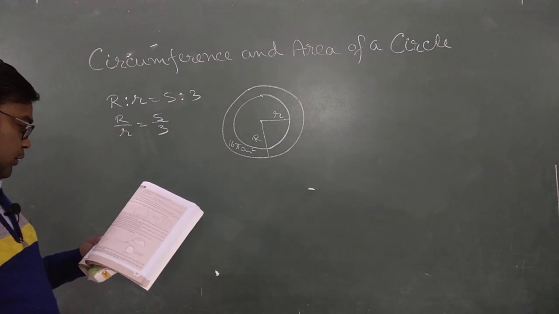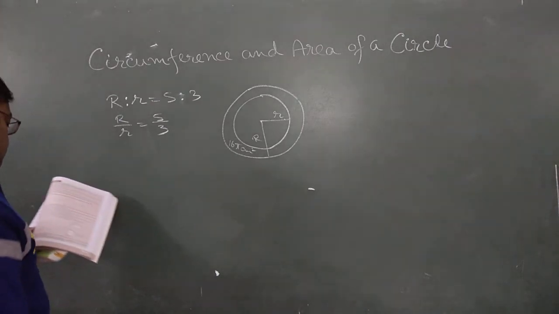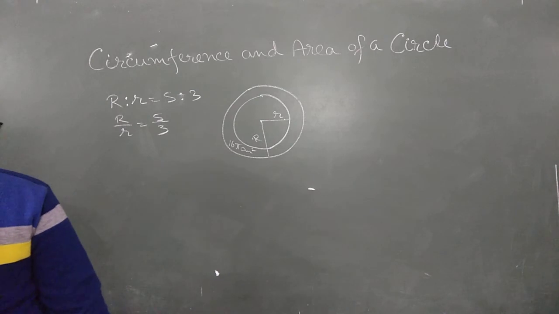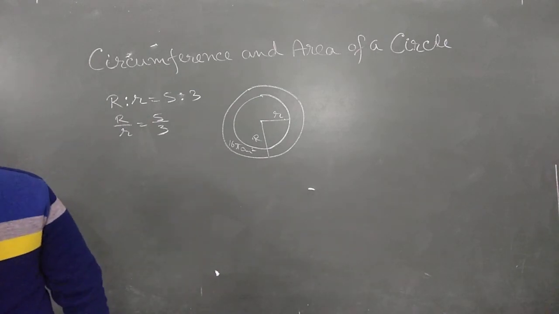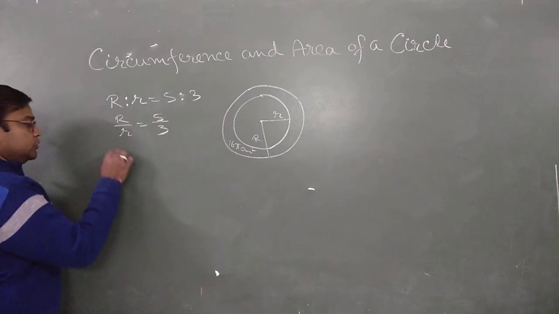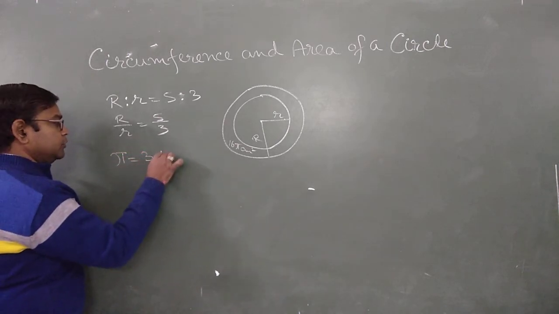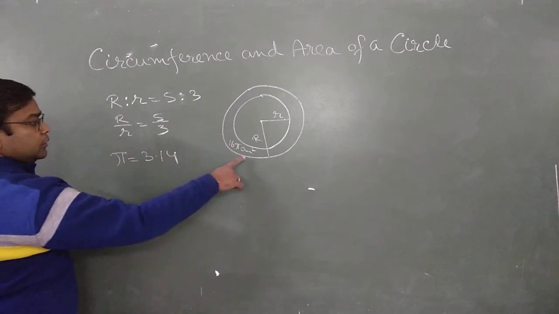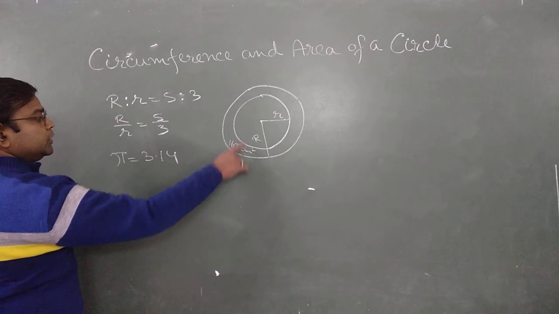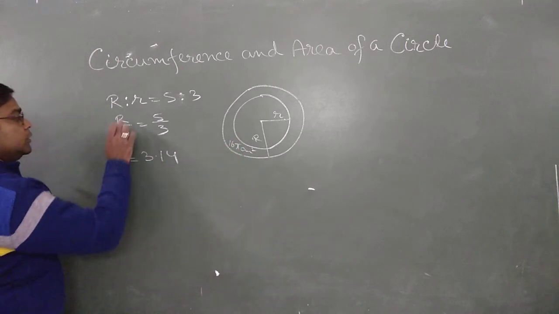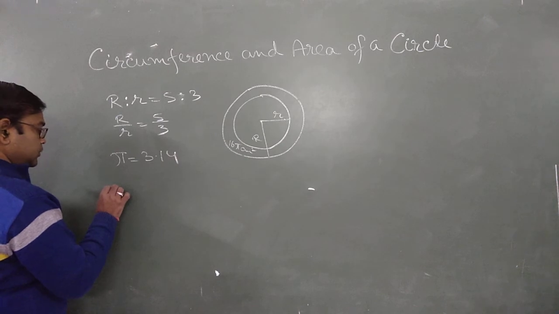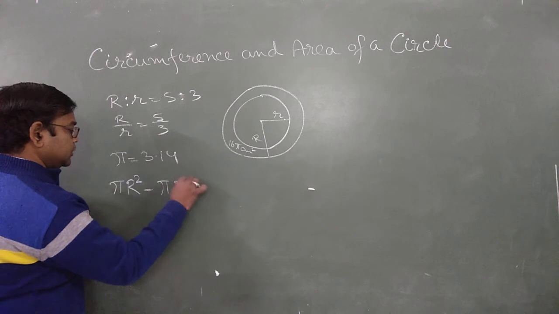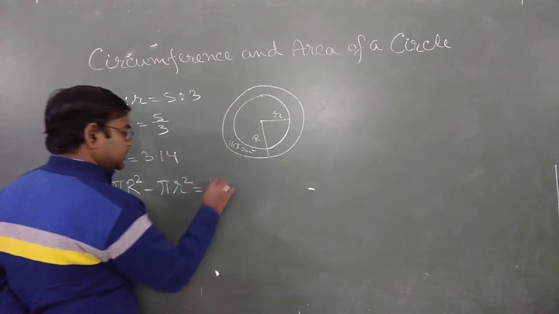Now it says, what is the area of the outer circle? Question says find the area of this outer circle. And here strictly it says use pi equals 3.14. So how do we solve this one? As we know, the area enclosed between these two is pi capital R square minus pi small r square equals 16 pi.